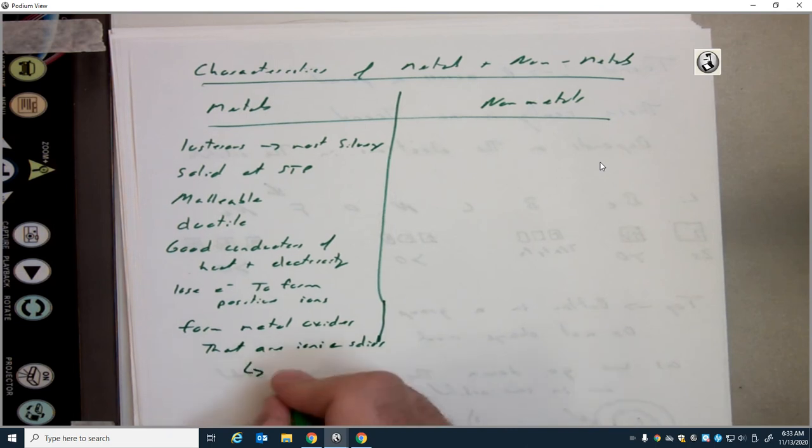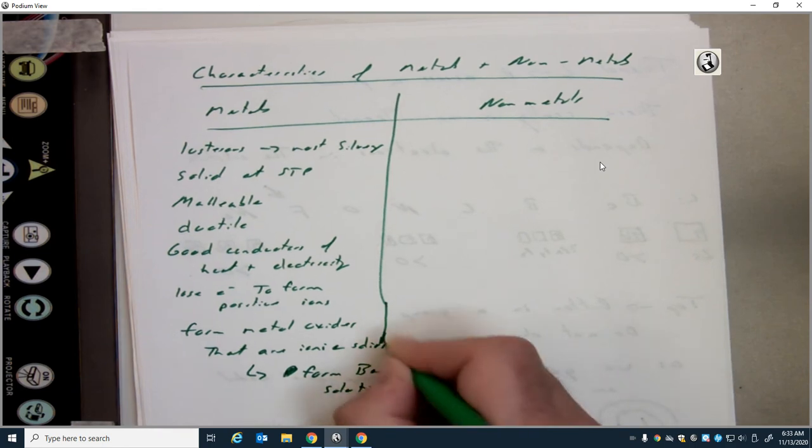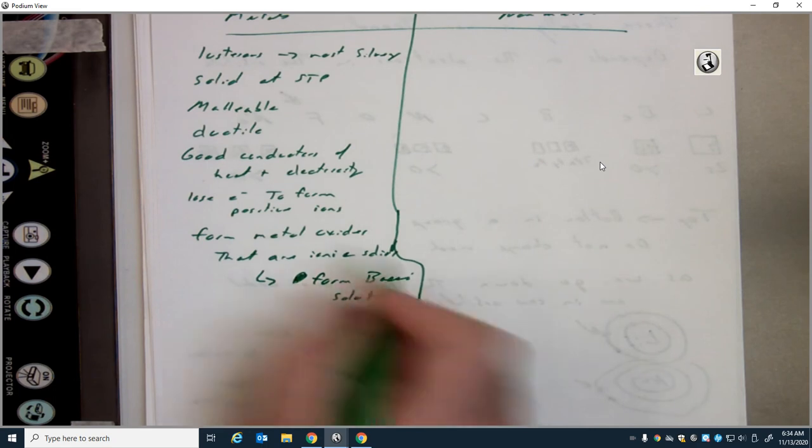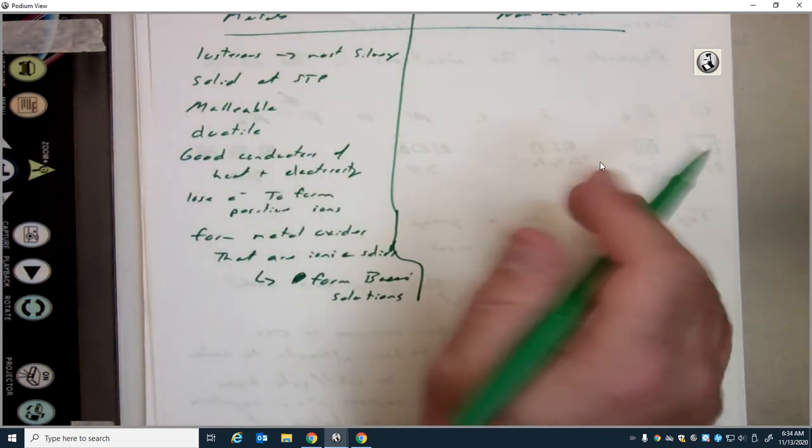And if we dissolve them, they form basic solutions. This is something that we'll talk a lot more about in acids and bases, but it is a property of metals.